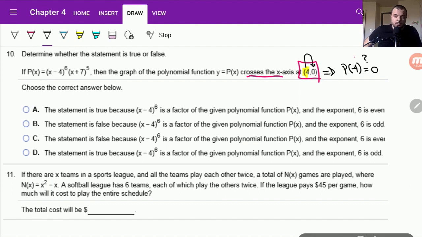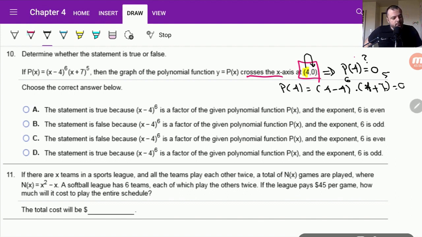Let's look at the p of x. So p of 4, just plug in 4. What do you get? (4 minus 4) to the power of 6 times (4 plus 7) to the power of 5. Is it 0? Yes, absolutely it is 0, because 4 minus 4 is 0, and 0 times anything is 0.